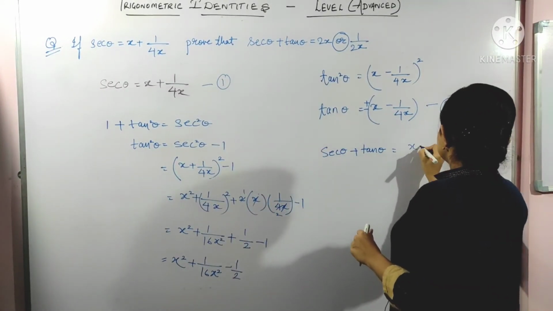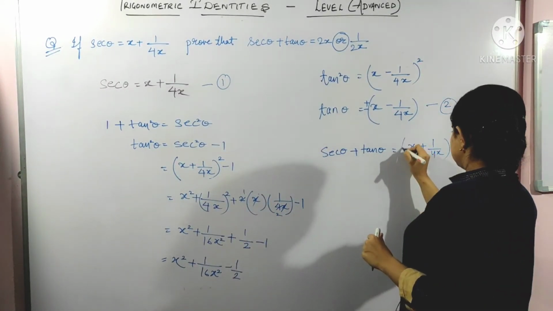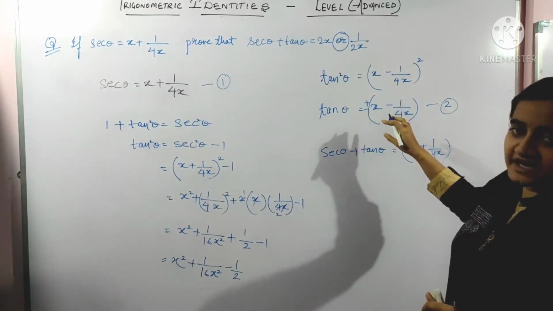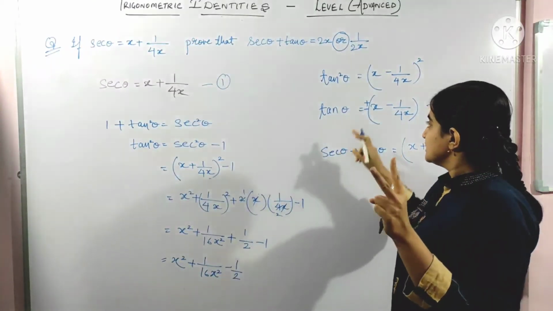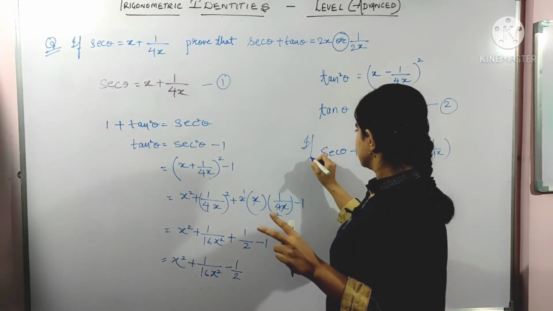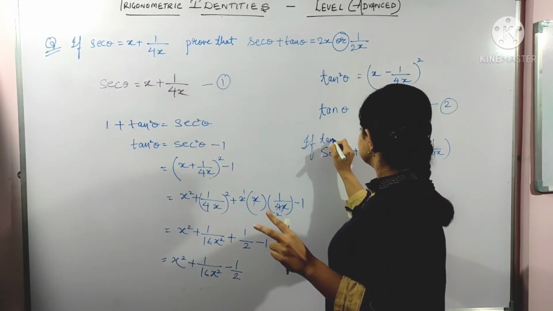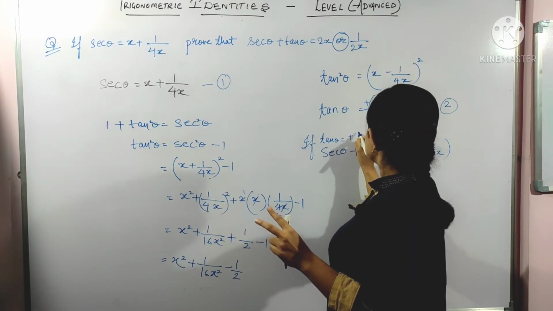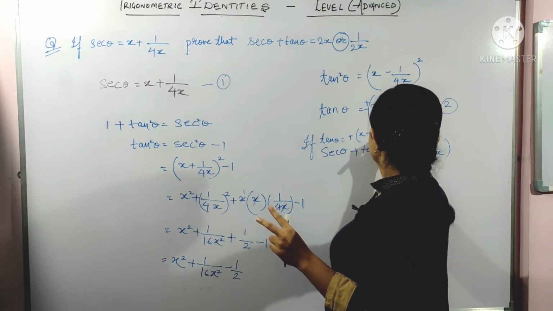Sec theta is x plus 1 upon 4x, which is very easy. Now in the case of tan theta, there are two cases: either it can be plus or it can be minus. So in case 1, tan theta equals plus x minus 1 by 4x.